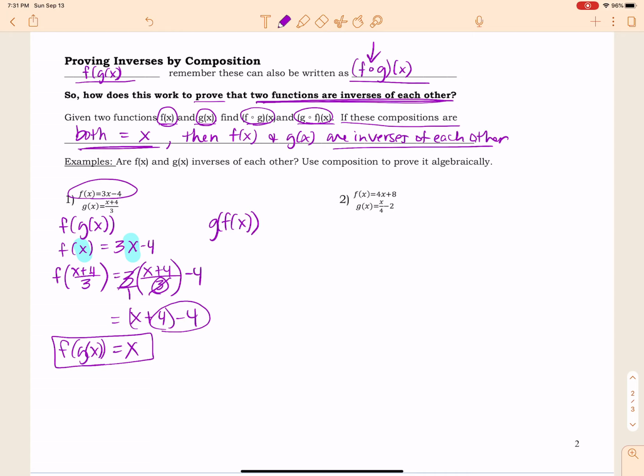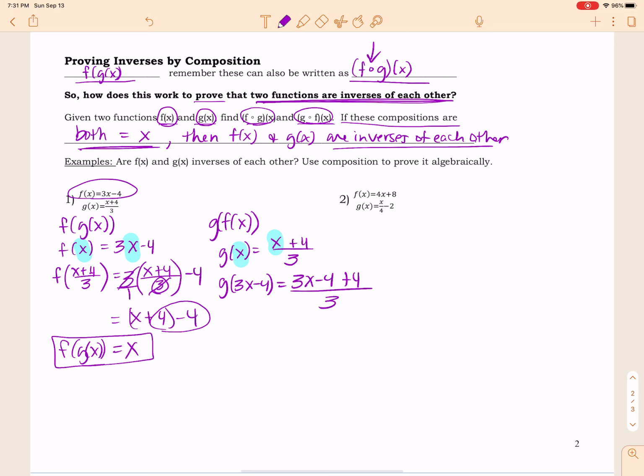Okay, so g of x is equal to x plus 4 over 3. So I'm going to replace these x's with f of x. So g of f of x is 3x minus 4, and in my fraction, I'm going to replace that x with 3x minus 4.